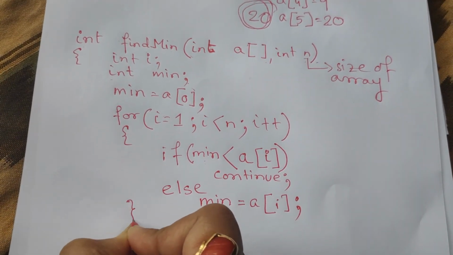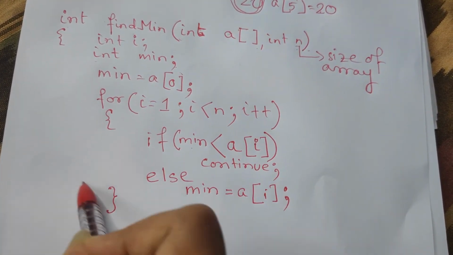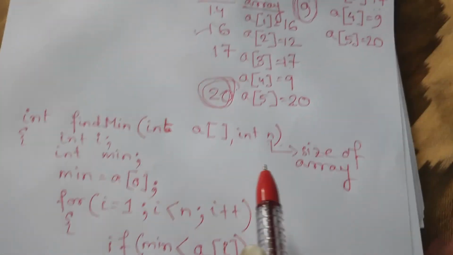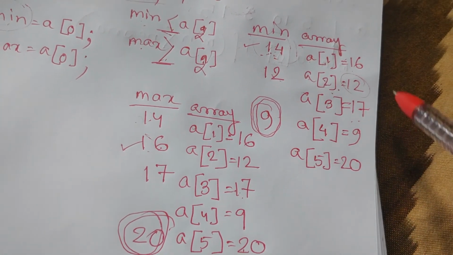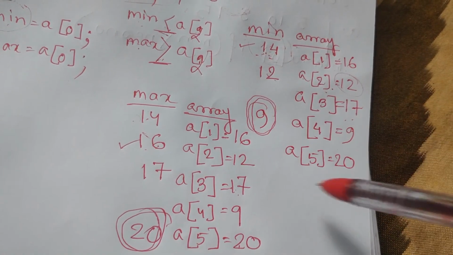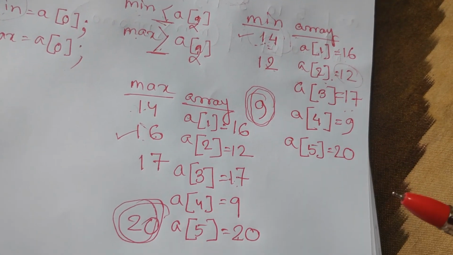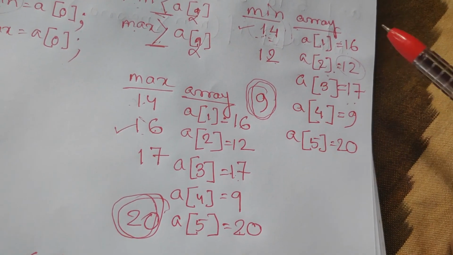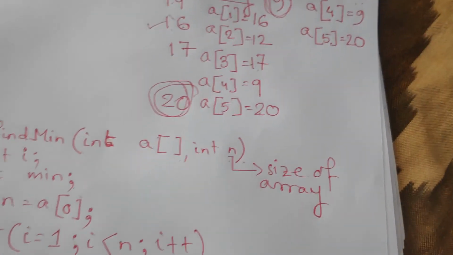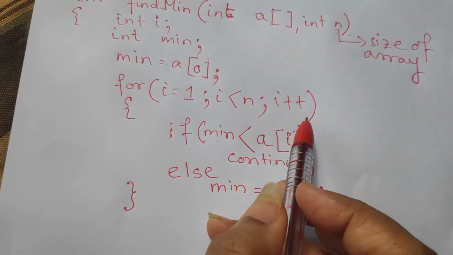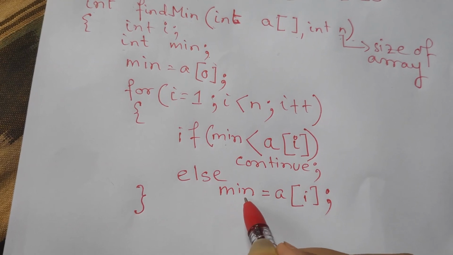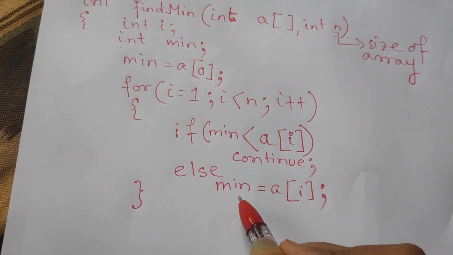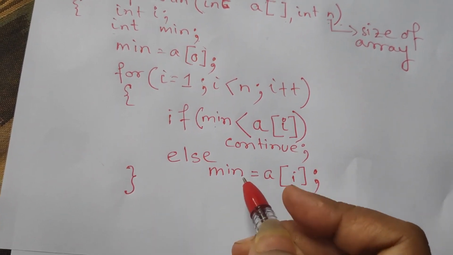Clear? So as the loop runs, it will go through all the elements of the array, just as we did while we were dry running the algorithm. As it reaches the end of the loop, this minimum variable will contain the minimum element of the array, right?